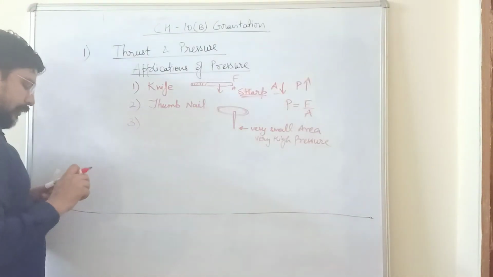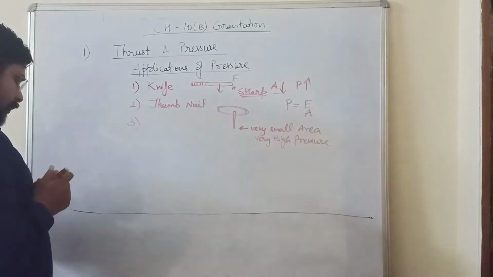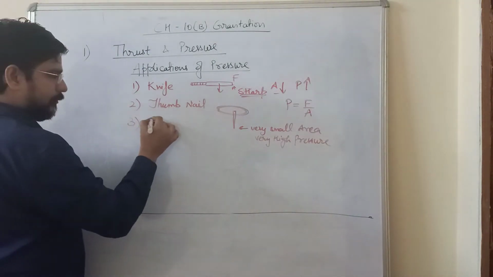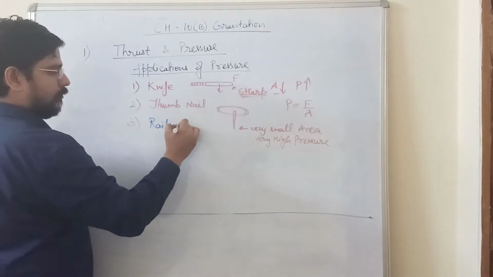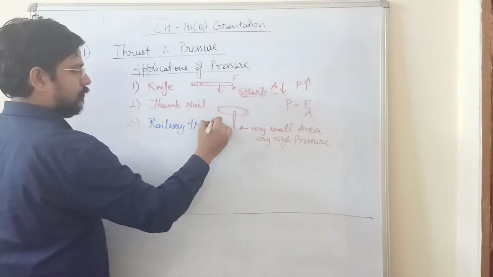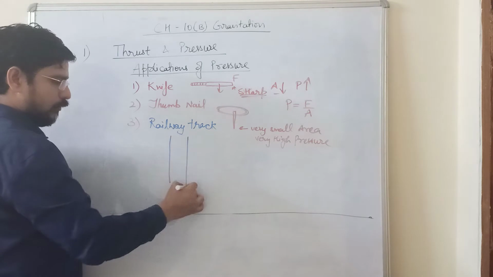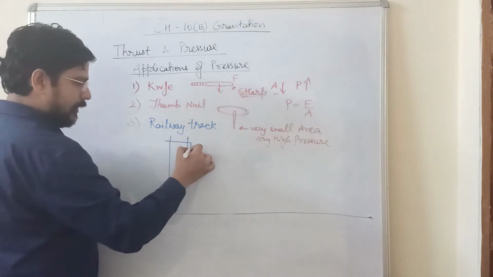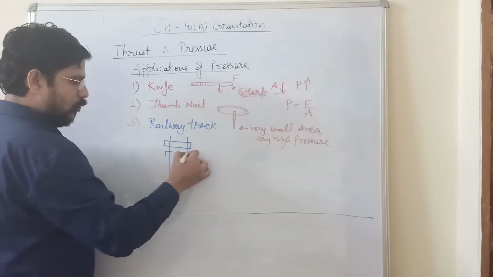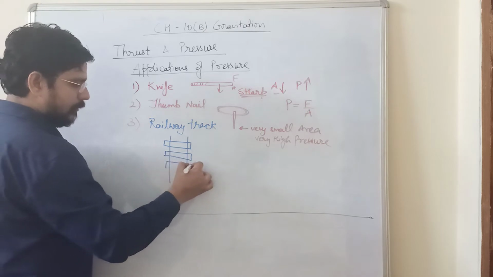Similarly, at number 3, you might have seen the lines of the railway track. Suppose these are the two lines of the railway, then you might have seen these lines resting on concrete or wooden sleepers.